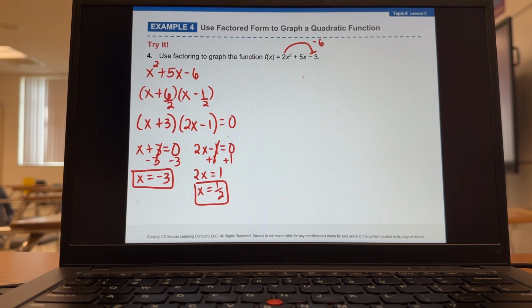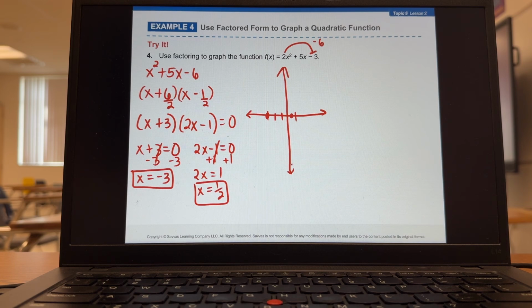So, I'm going to attempt to graph it over here. So 1, 2, 3, negative, and 1 here. So 1/2, 0.5.